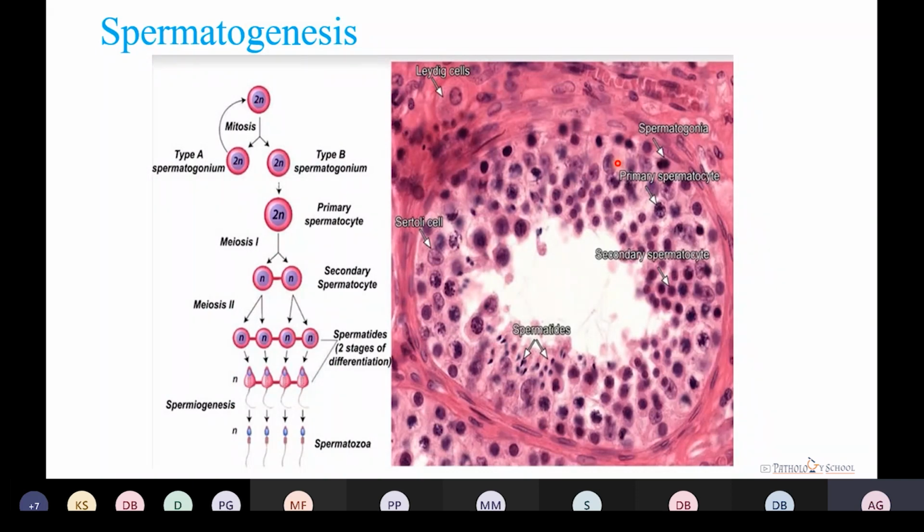The primary spermatocyte undergoes meiosis to form the secondary spermatocyte, which later undergoes meiosis too, which forms the spermatids. These spermatids undergo a series of differentiation to form motile flagellar-like cells known as spermatozoa, which are capable of motility. This process is known as spermiogenesis.